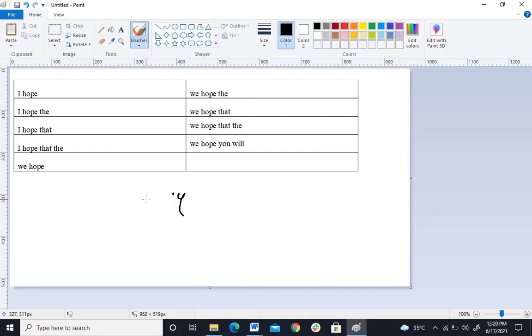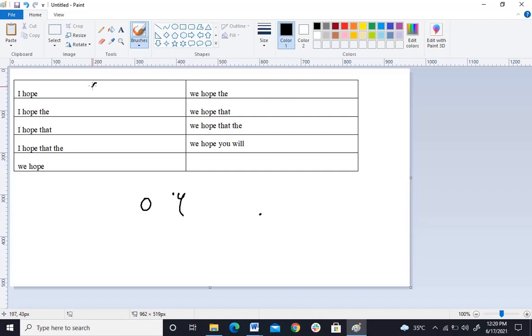And the I is a big circle. But since this is a phrase, and usually I and hope are used together, most of the time.